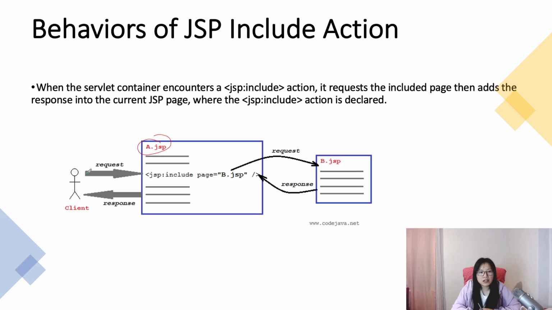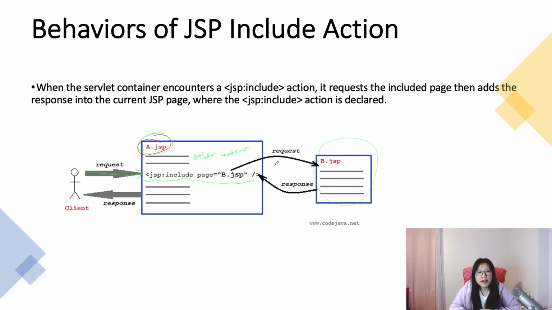Now when a client requests a.jsp here, these gray lines mean other content. And then it includes b.jsp. This is the b.jsp file.